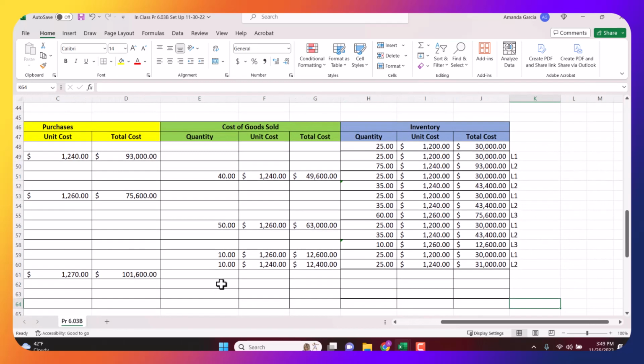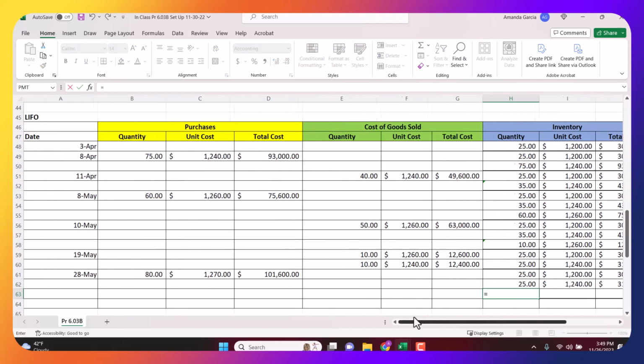Okay, so I'm going to bring down my inventory before I get to final add up inventory. I have 25 at 1,200. I have 25 at 1,240. And I have the 80 units I just bought is L3. 80 units, 1,270.